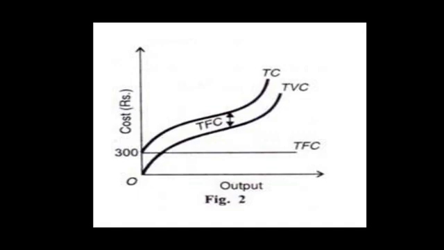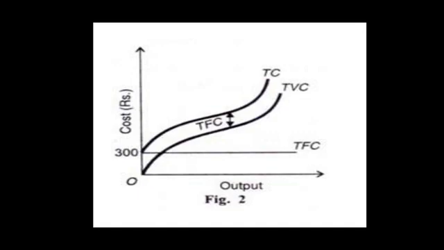Since the total fixed cost curve is a horizontal straight line parallel to the output axis, the total cost curve follows the total variable cost curve at an equal vertical distance. That is, the vertical distance between the total variable cost and total cost curve is constant throughout.